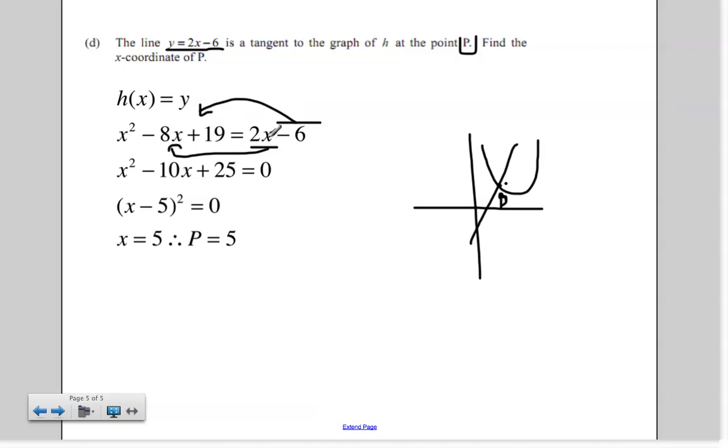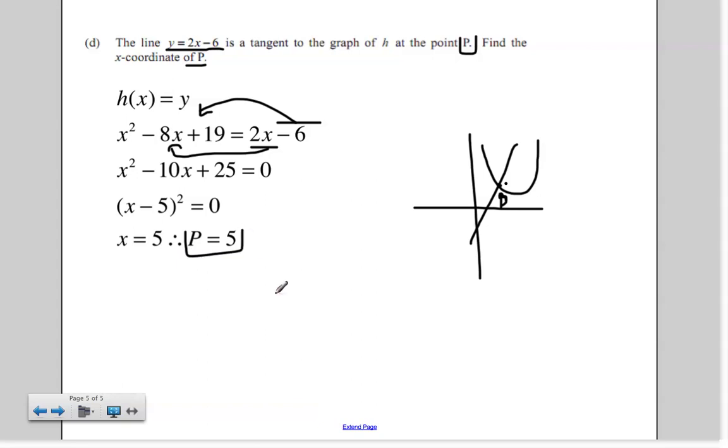We subtract 2x, giving us negative 10x, and we add 6 to 19, giving us 25. Now we can factor that to give us x minus 5 squared, and to find the x coordinate of where this intersects, we just take when this is equal to 0. That happens to be at x equal to 5, and since we are asked to find the x coordinate of P, P is equal to 5.